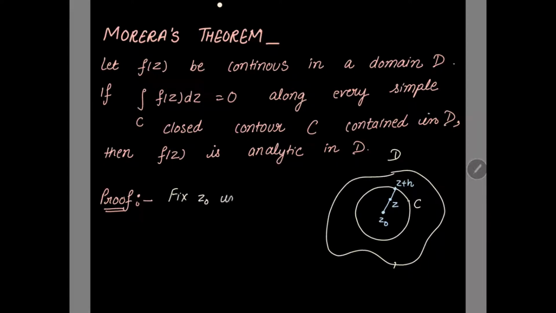So first of all we start with, we have fixed z0 in D and we have defined a function f(z), the value for which is equal to the integration, now we start our integration, from our initial point z0 to the final point z, of f(t) dt. Now what does this mean?